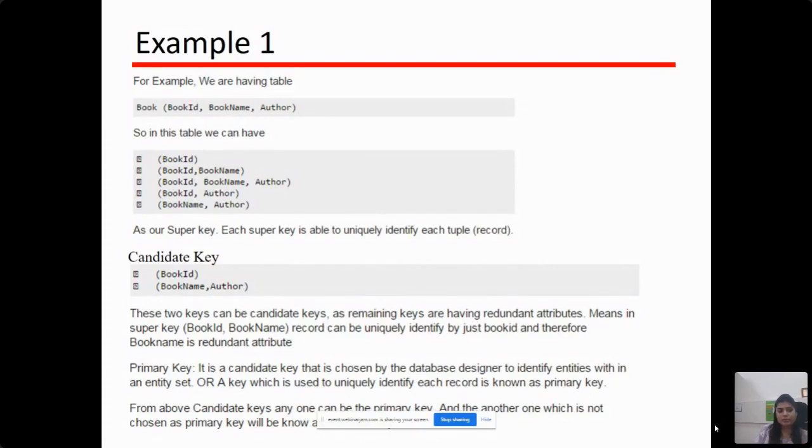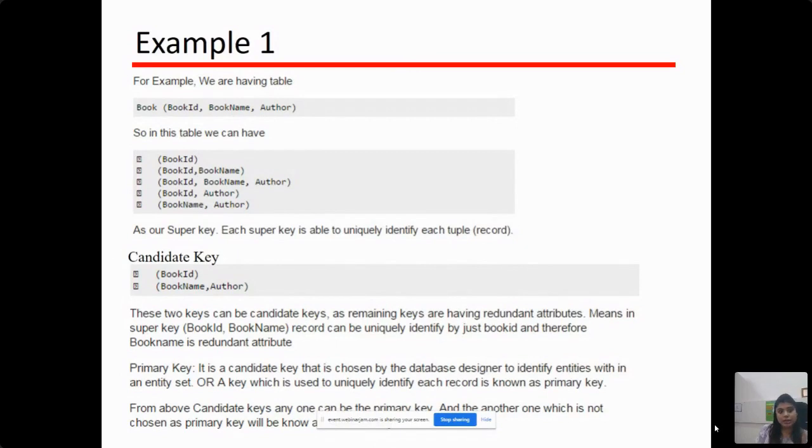Again, we'll form multiple combinations. If I combine book ID and book name, I can again locate any entry in the table. I can also combine book ID and author.